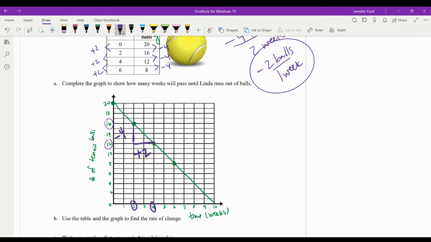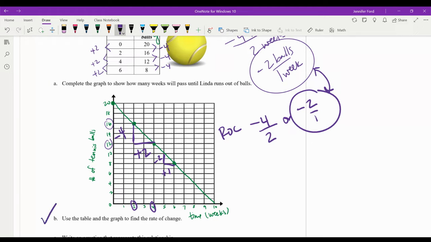So it goes up 2. So the rate of change goes down 4 every time x goes over 2. That's the same thing as going down 2 every time x goes over 1. Which is exactly the same thing, as you can see. They're the same.